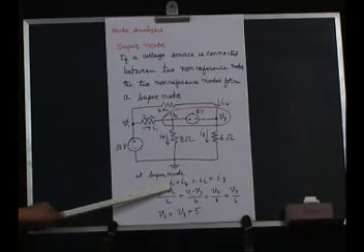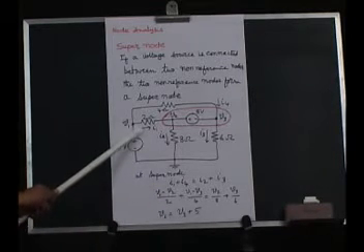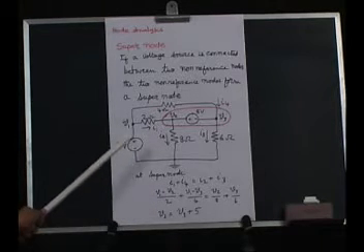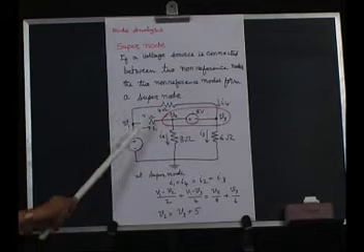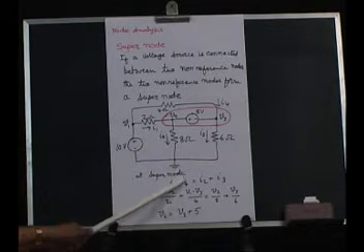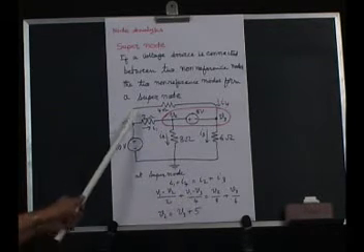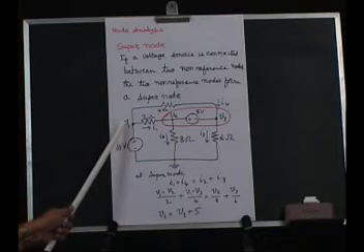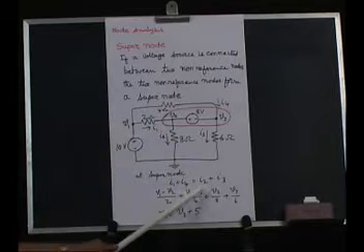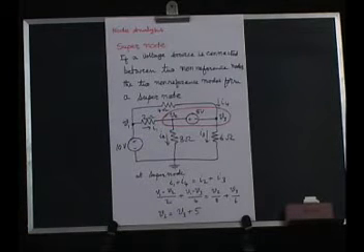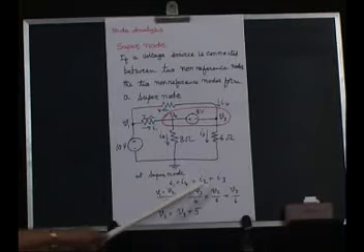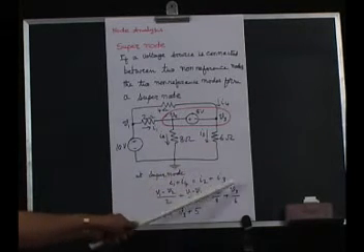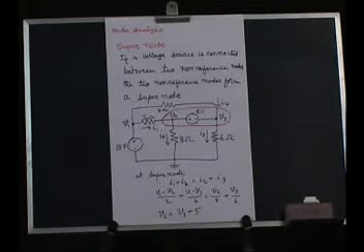For instance, I1 is the current flowing in the 2 ohm resistance, so we can write I1 as (V1 minus V2) by 2, and I4 is the current flowing into the supernode, equal to (V1 minus V3) by 4 ohms. And what are the currents leaving? I2 and I3. I2 is V2 by 8 and I3 is V3 by 6.